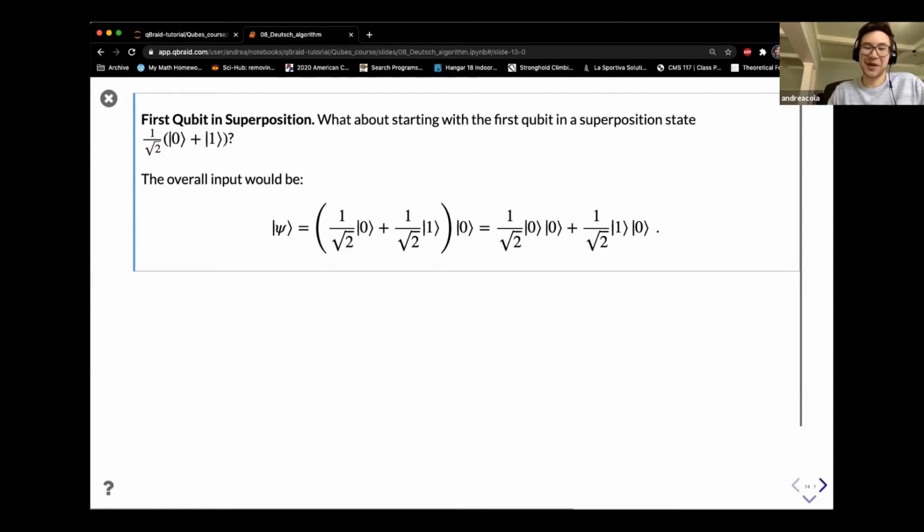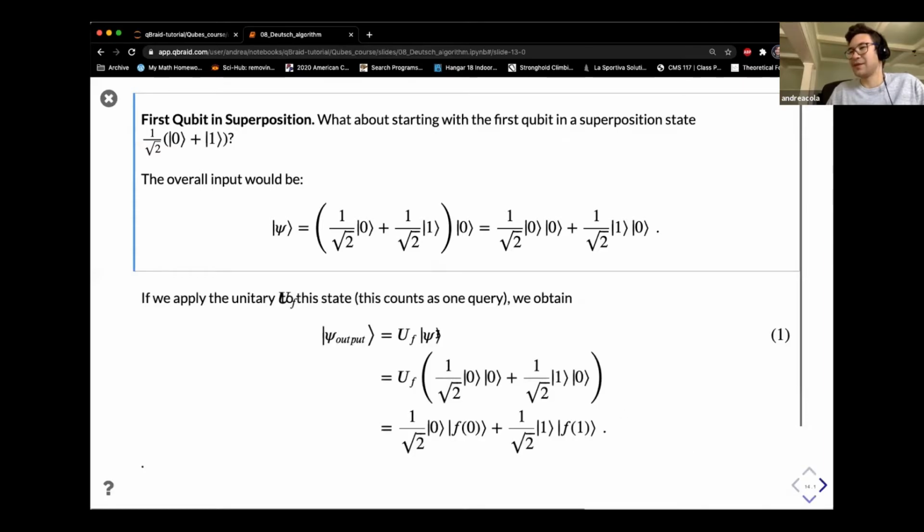Basically the plus state, H applied to 0. And when we leave the second qubit, the y qubit, as 0, then the overall input would be this psi. First qubit in the plus state, then 0. So overall, the state is 1 over square root of 2 |0,0> plus 1 over square root of 2 |1,0>.